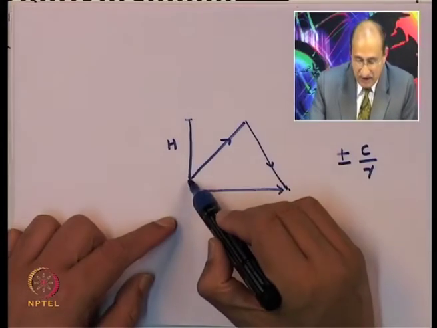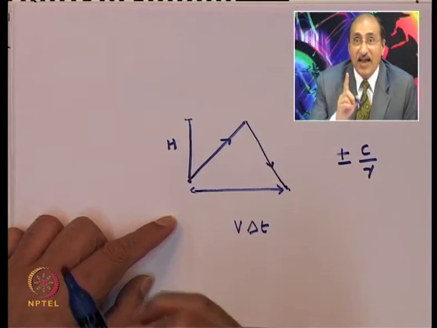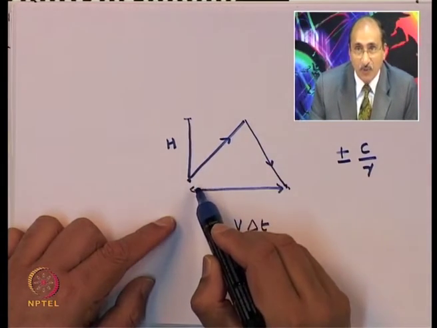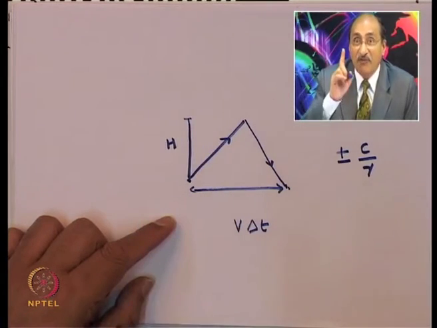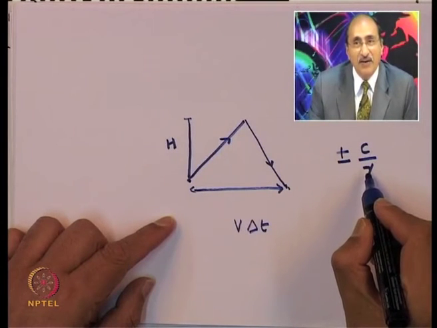So, the total vertical distance travelled by the light as seen in S frame of reference was h going up and h coming down, and this is achieved by a y component of the velocity which is plus minus c by gamma.